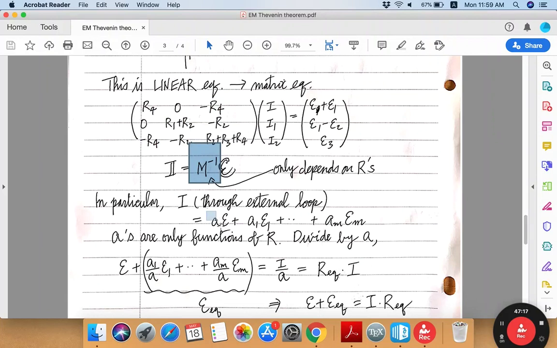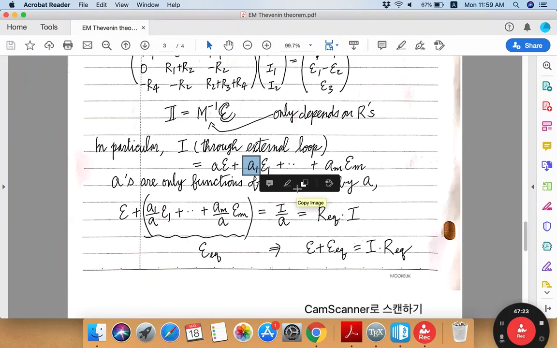And therefore, each coefficient over here consists entirely of the resistance values. So none of these coefficients will involve expressions like epsilon or I or anything. It's only a function of the internal resistances.